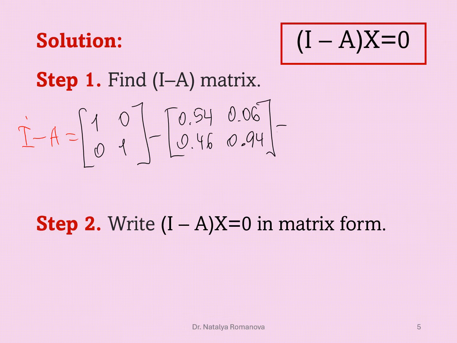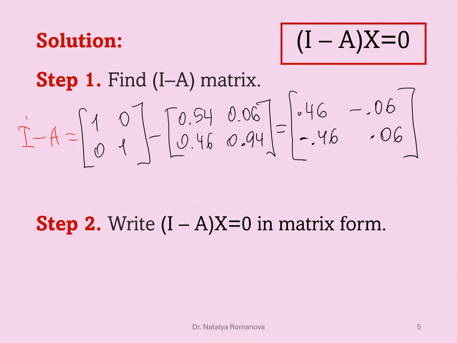We subtract, and we have 1 minus 0.54, which is 0.46. The second element is minus 0.06. Then we have minus 0.46 and 1 minus 0.94, which is 0.06. So this is our matrix I minus A.